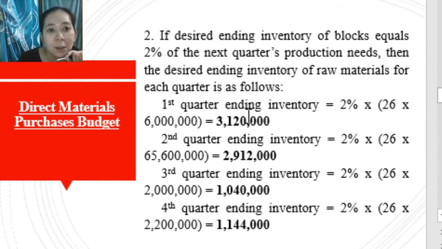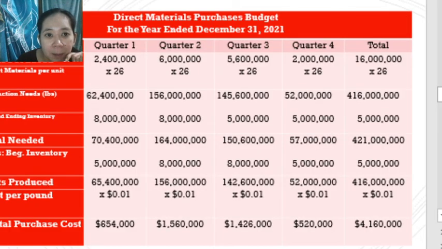For the first quarter, our ending inventory is, please take note that this is in terms of pounds. That's why we multiply it by 26 pounds. So 6 million is the next quarter's production needs. Okay, so you could still remember there.